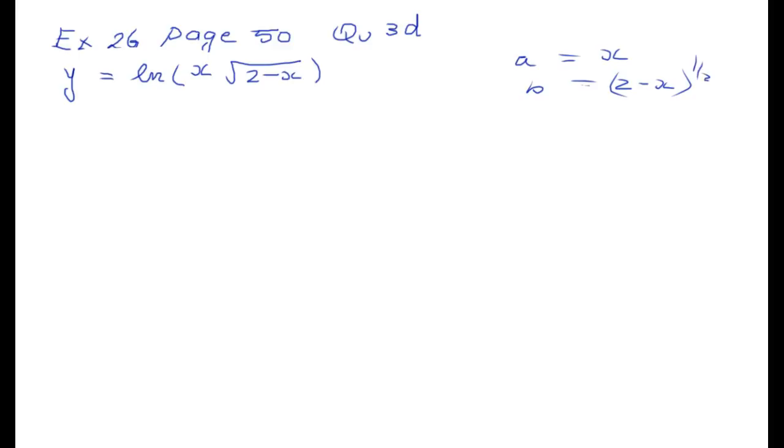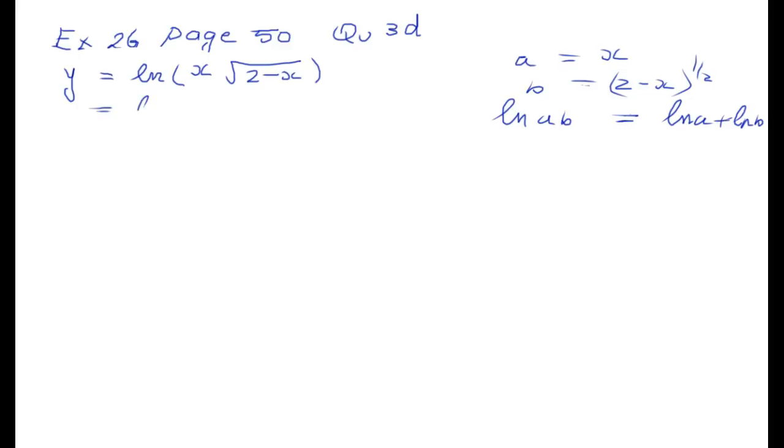And remembering the log rule, that if you have natural log of a times b, then that can be written as log of a plus log of b. So we're going to use that rule.